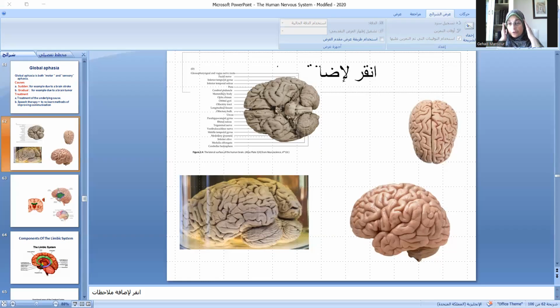These are your temples. Now, if we look at the inferior surface of the brain, or the ventral surface of the brain, we can still see the two cerebral hemispheres and the two cerebellar hemispheres, but now we can see more structures.